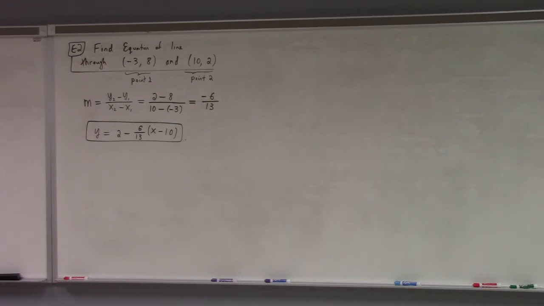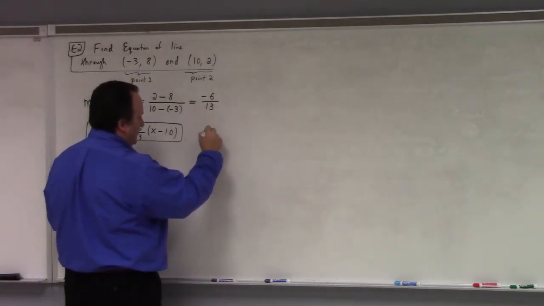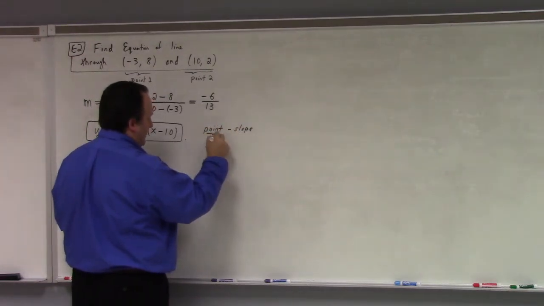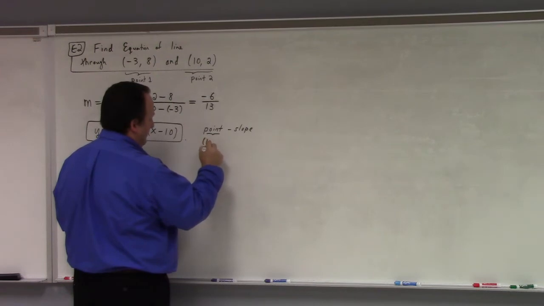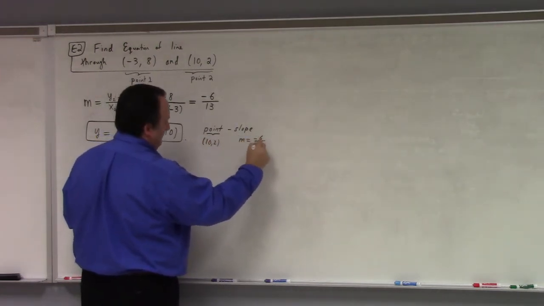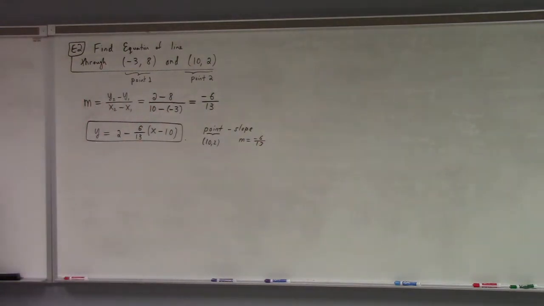Now, what did I do? I used point slope, right? My point, I used 10, 2. My slope, what we just found, right? And I just plugged those into the point slope, and that's my equation. Is that how you guys were taught to do it before?